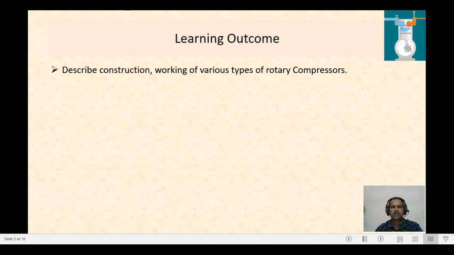What happens in the first cylinder? The piston moves from top to bottom and air is sucked into the cylinder. When the piston moves in the upward direction, the air is compressed from 1 bar to 5 bar, and the remaining compression happens in the second cylinder.